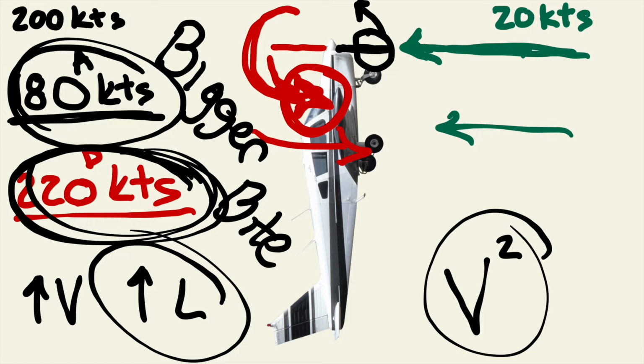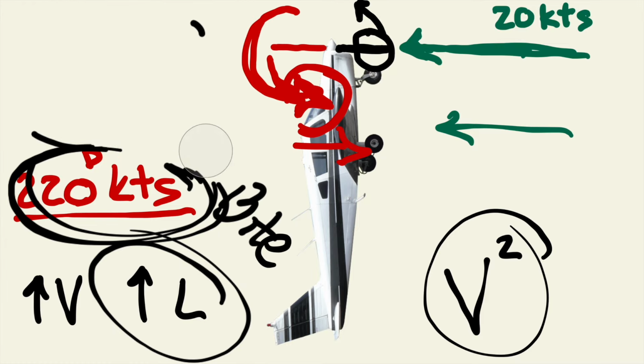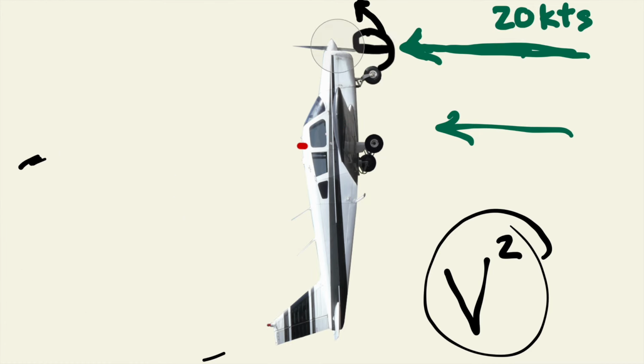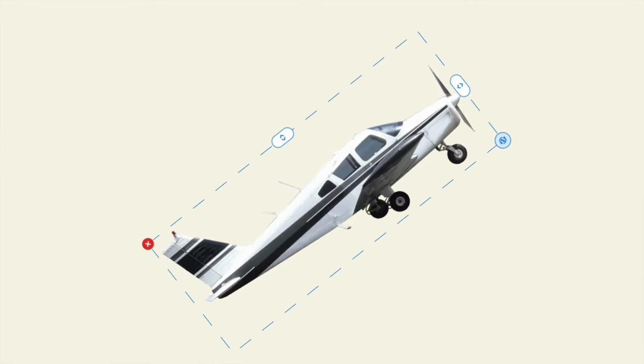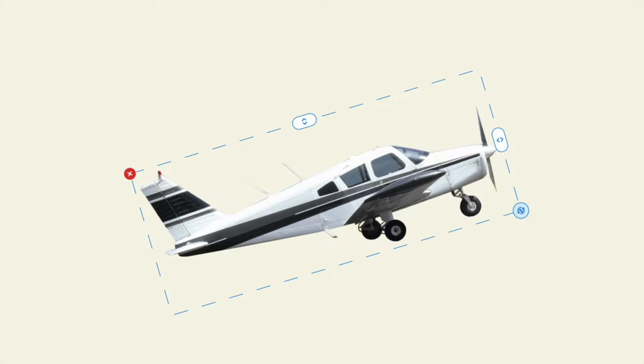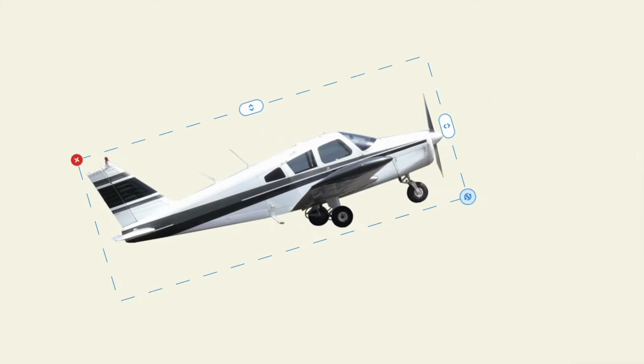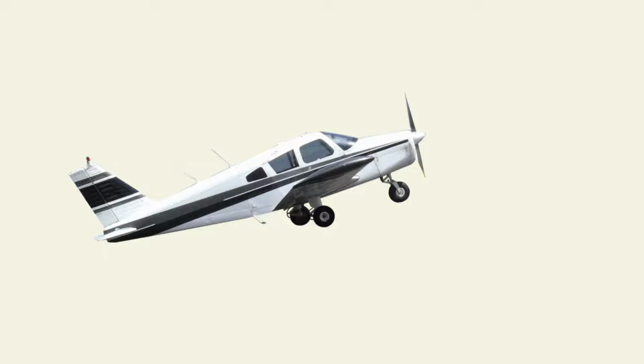And now, if I can erase all of this, we can imagine this from a more realistic scenario. If we move our airplane, we're on climb out, this is our angle of attack, and we still imagine our relative wind here.